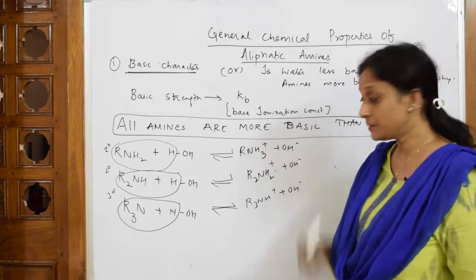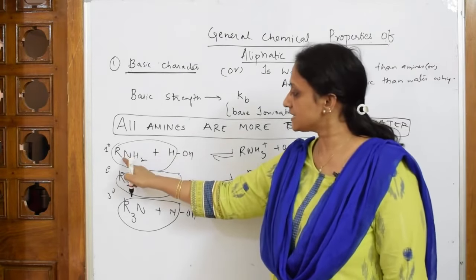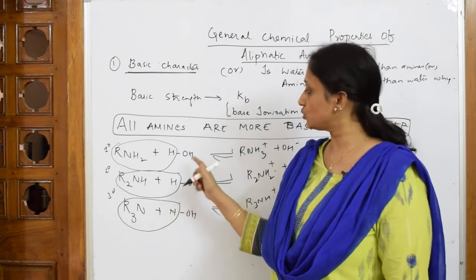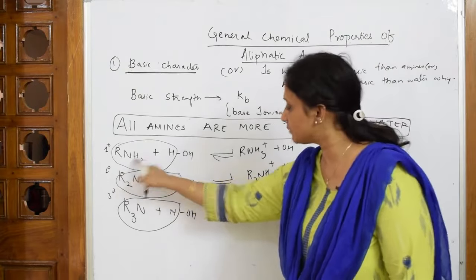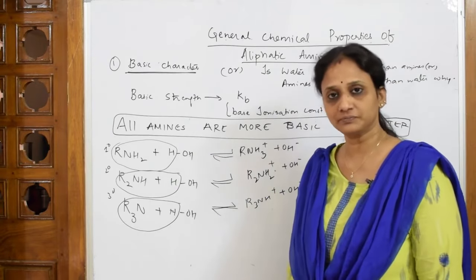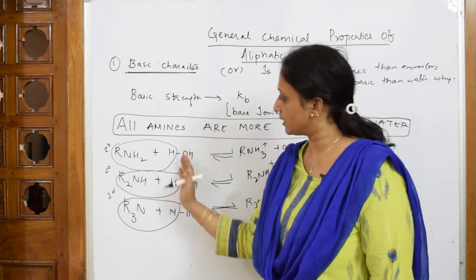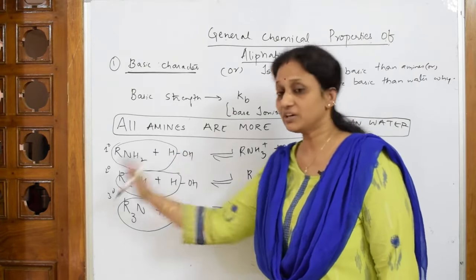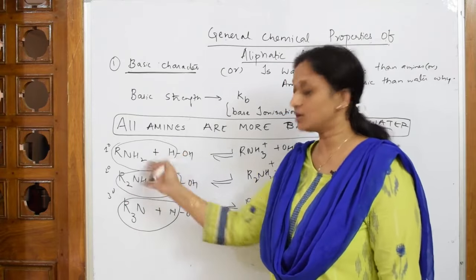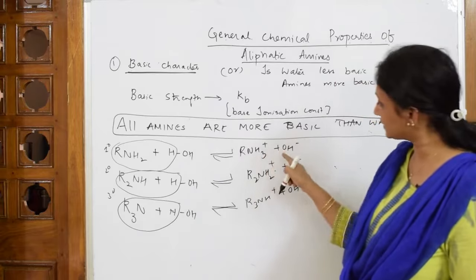Now what is happening? I said your amines are more basic. These amines are releasing OH minus when dissolved in water. That means they are protonating. They are going to take out that proton from water and they are releasing that OH minus.